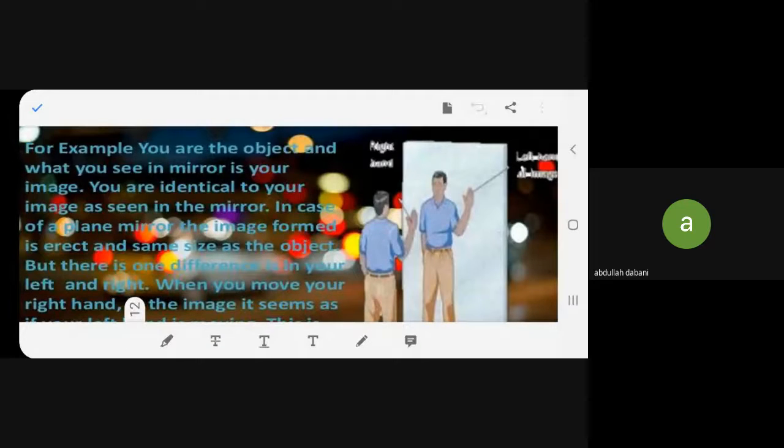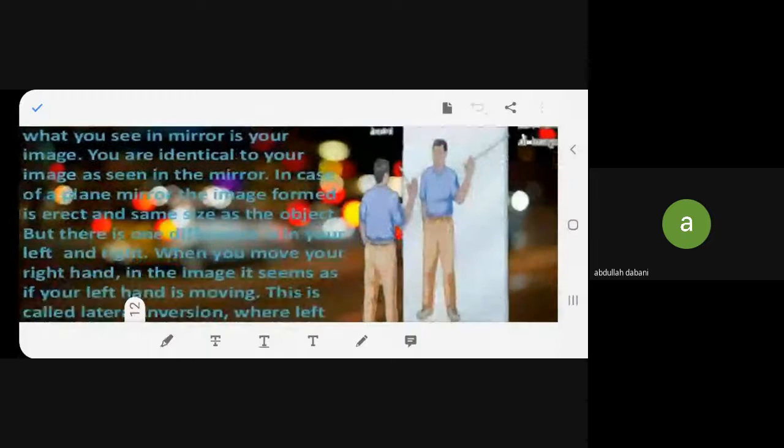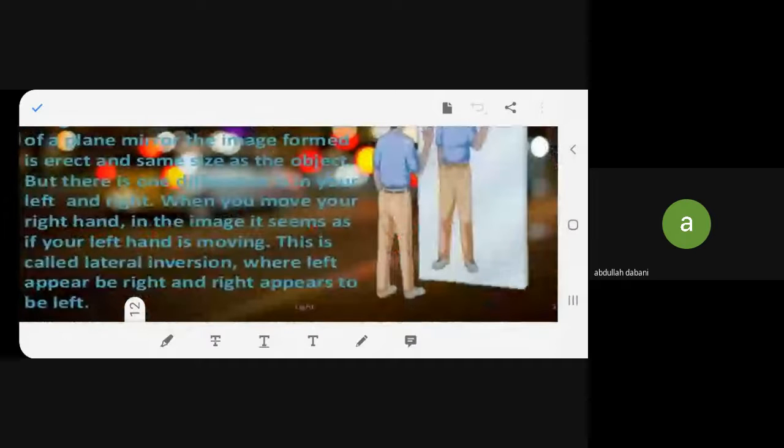When you move your right hand, the image seems as if your left hand is moving. This is called lateral inversion, where left appears to be right and right appears to be left.